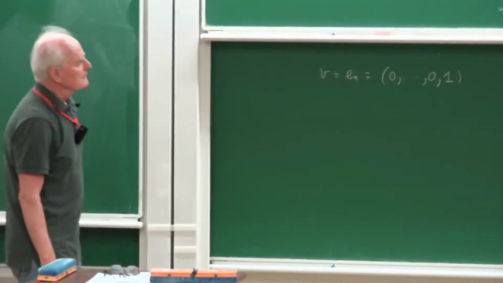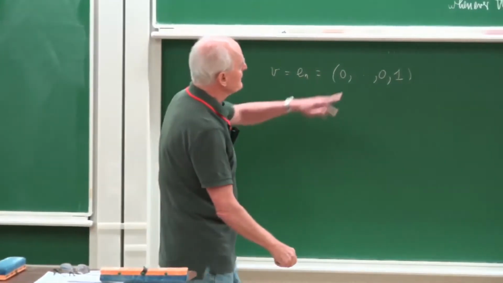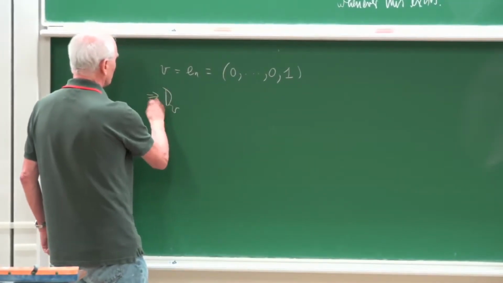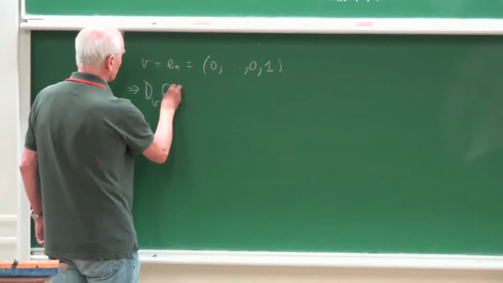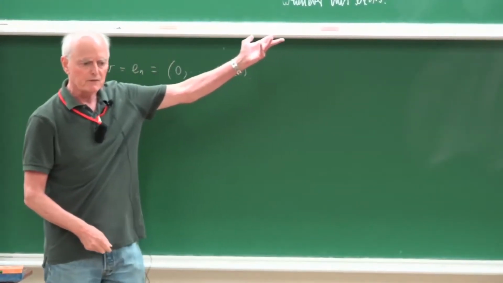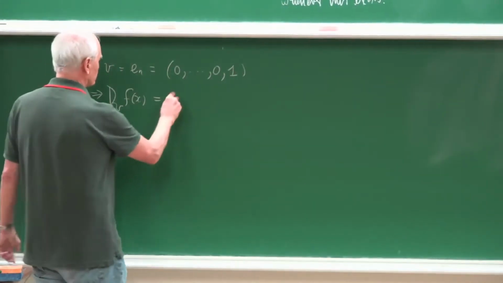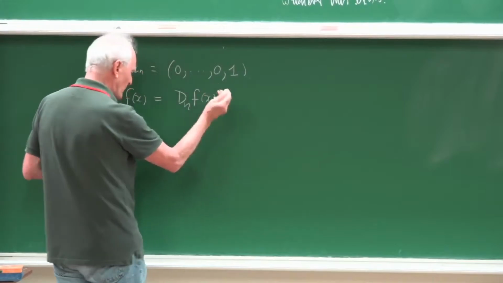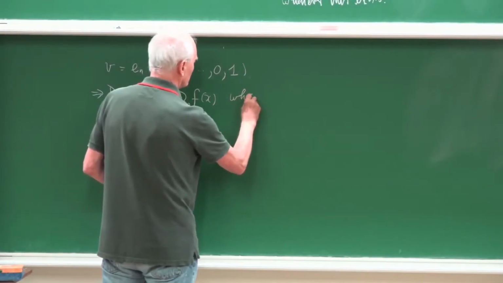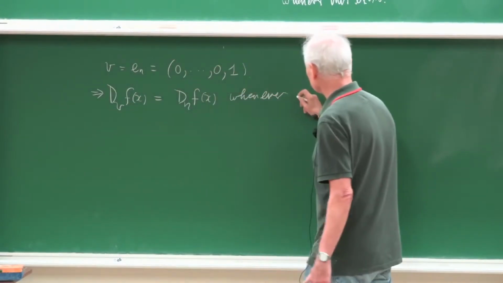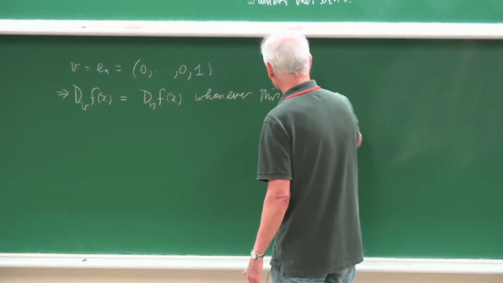Then D_v f(x) in that case is just the nth partial derivative. By definition, that's the definition of the nth partial derivative of f. So this is D_n f(x), of course, whenever that exists. We don't know yet where that's true.